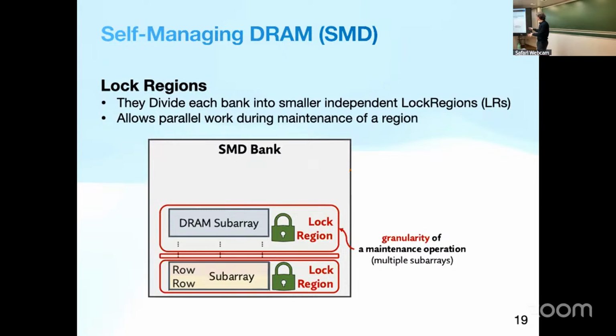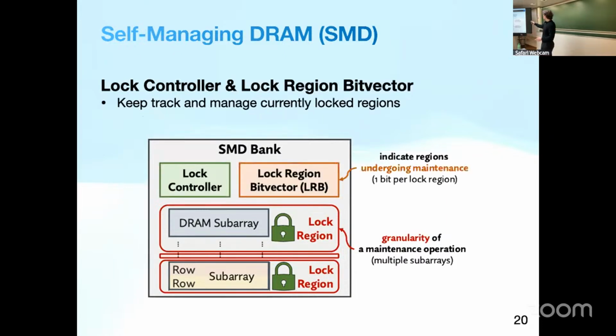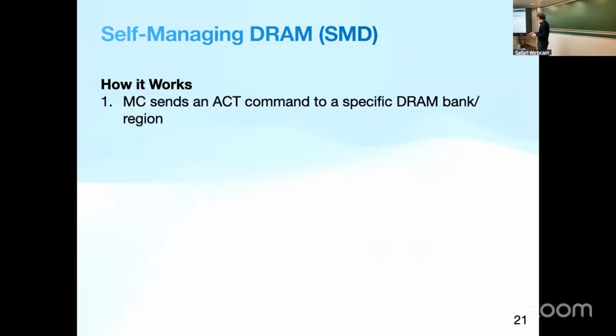And to allow this to happen, it also introduces a lock controller and a lock region bit vector onto every chip. The lock controller just simply manages the lock region bit vector, and the lock region bit vector has a bit for each of the lock regions within a DRAM bank, and therefore knows which regions are currently locked and under maintenance.